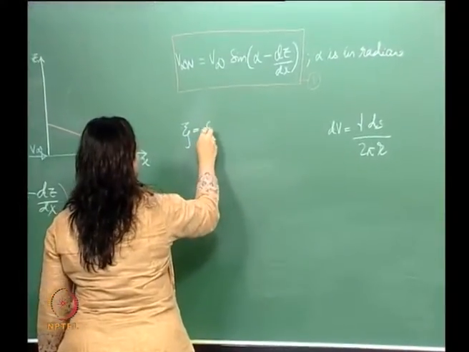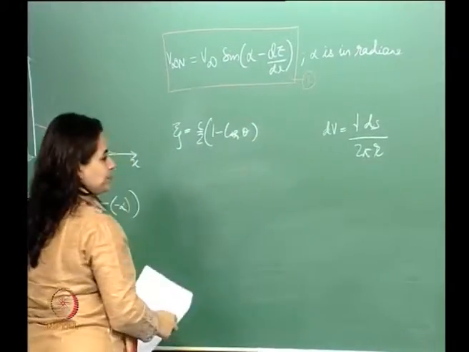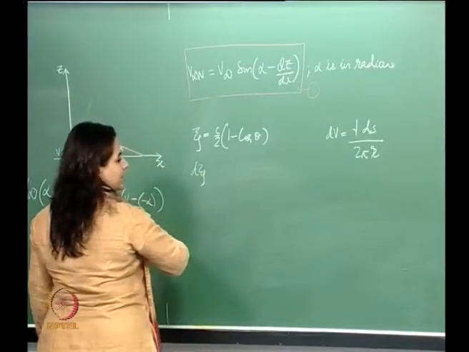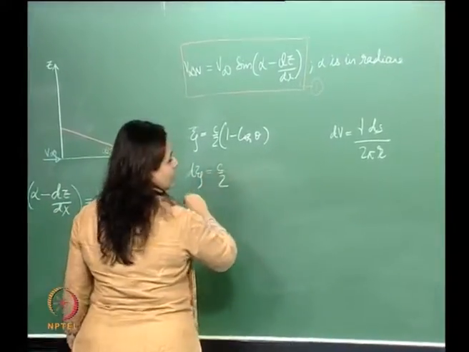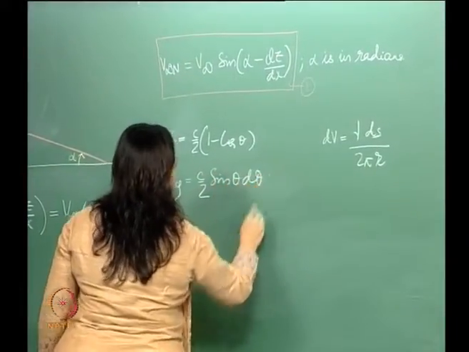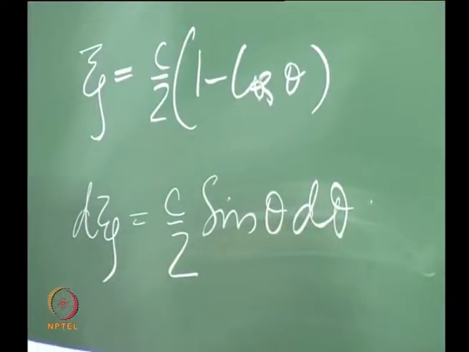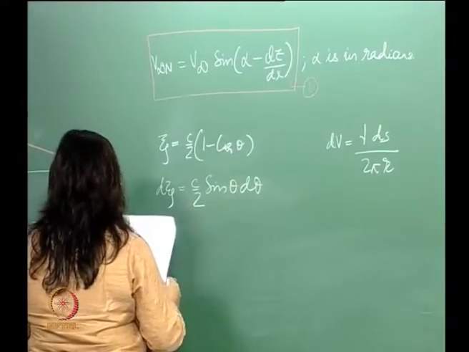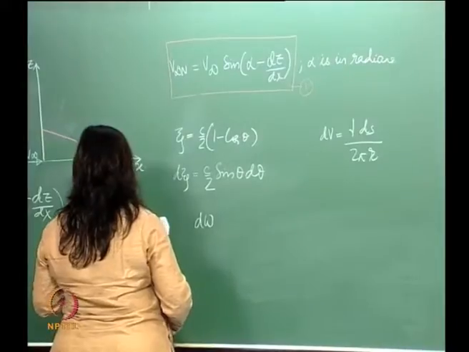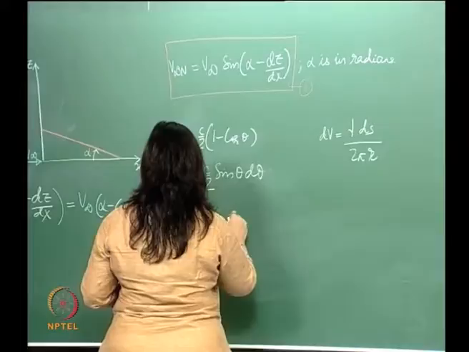I am going to use that and write this down here first. So z is equal to c by 2, and dc is equal to c by 2. So in this particular case, it becomes what?